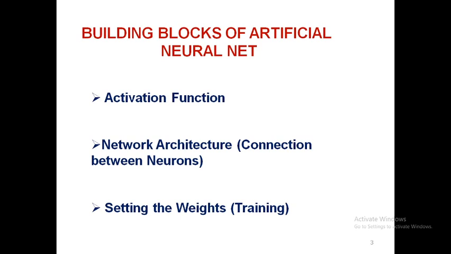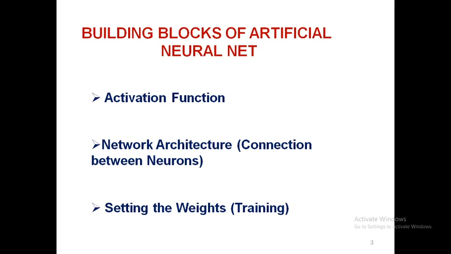It may be feed forward, or it may be feedback, back propagation, or a recurrent network. Likewise, we have a few network types, with hidden layers or without hidden layers. That network architecture we'll see in the coming classes.